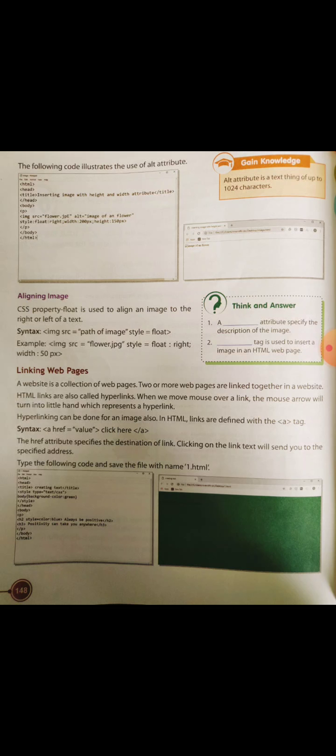If due to any circumstances that image is not properly loaded on the page, what text will be displayed on the screen instead of that image. Also the aligning image, we studied how to align the image to the left or right of the text.